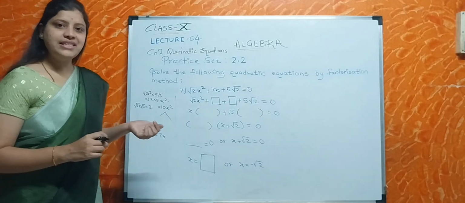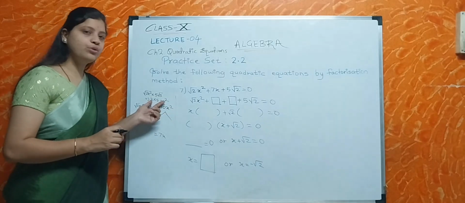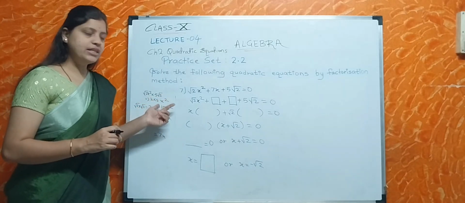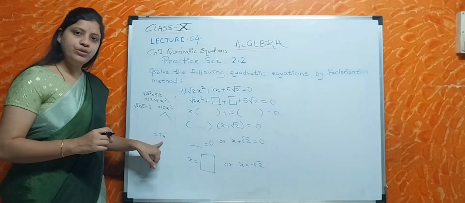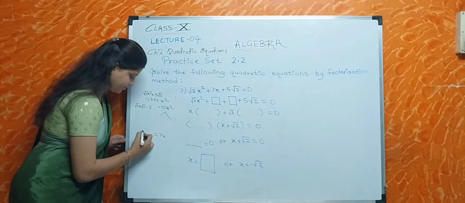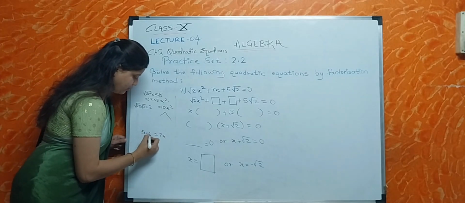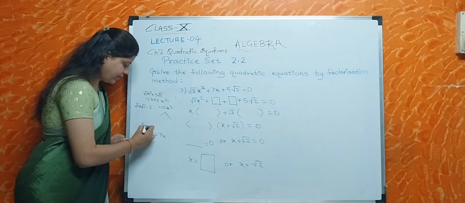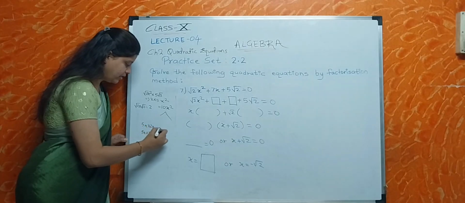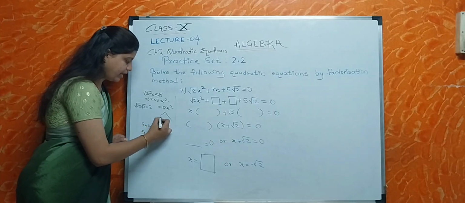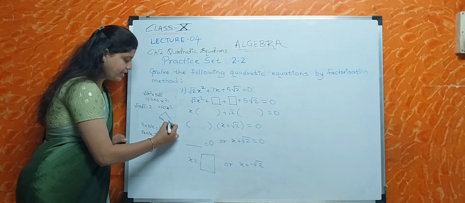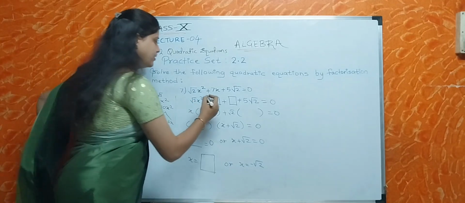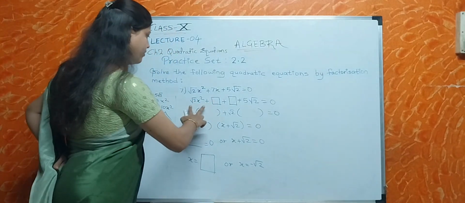Now here we get the same factors, that is 5 into 2, because 5 into 2 is 10 and 5 plus 2 is 7. See, 5x plus 2x, and 5x into 2x is 10x square. So we get two factors, 5x and 2x. Now simply we will write both the factors here.